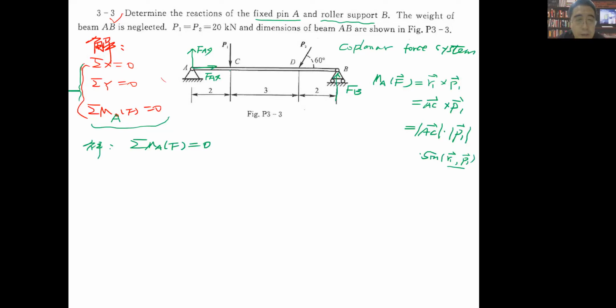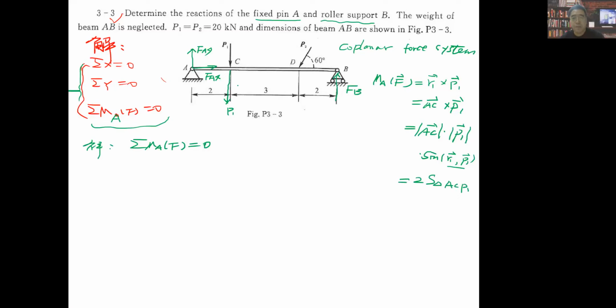So actually, maybe I can redraw P1 here, but it's hard, because we can freely move a force along its action line, right? So actually, we have this. This equals 2 times the area of triangle ACP1, right?